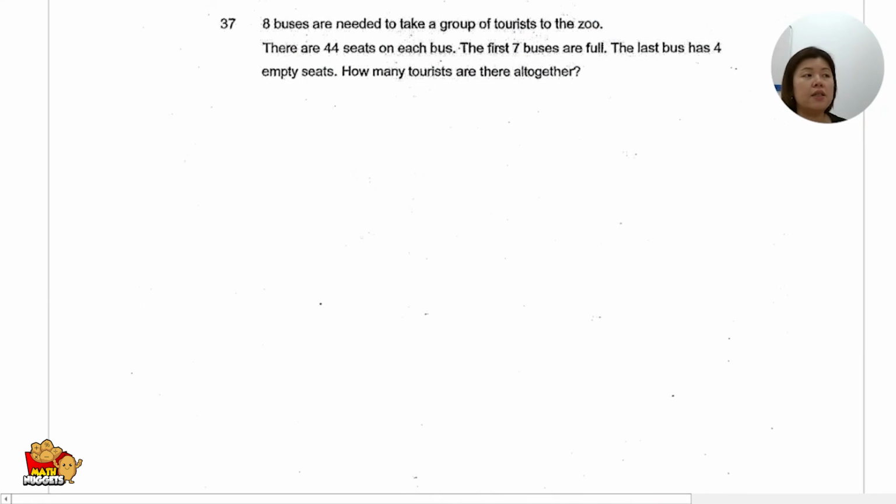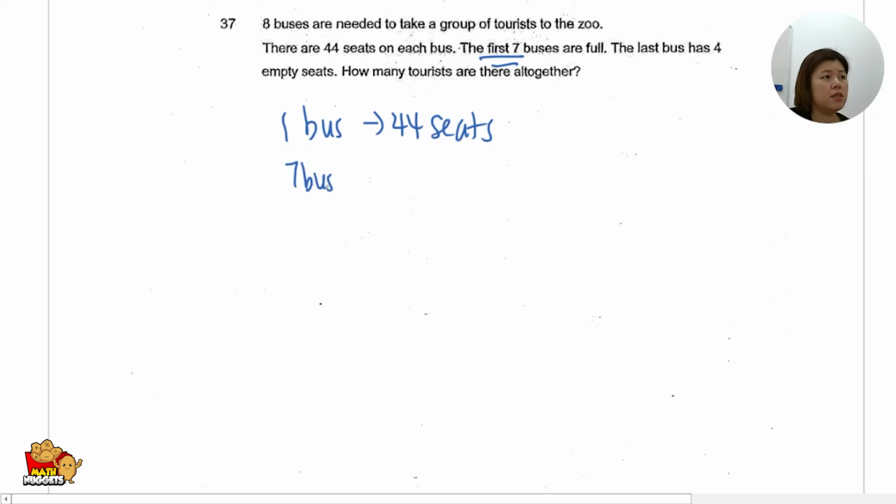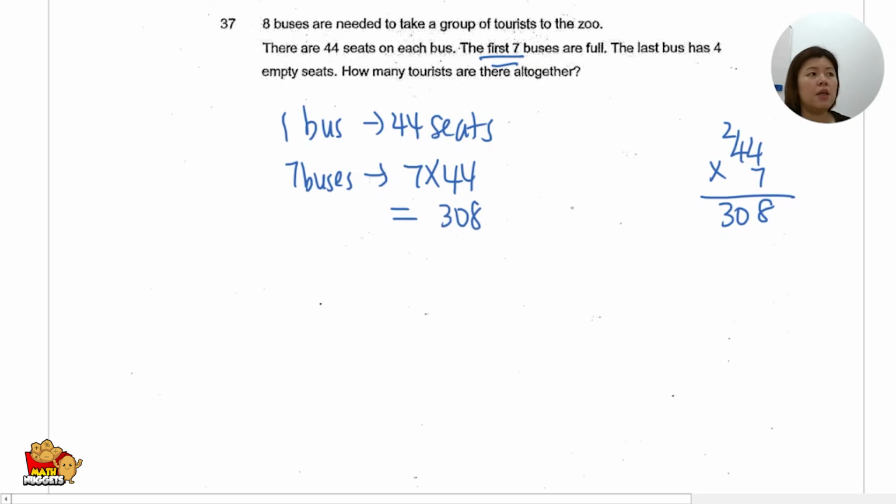8 buses are needed to take a group of tourists to the zoo, and each bus has 44 seats. The first 7 buses are full. Okay, so one bus is 44 seats. They have first 7 buses. We can take 7 times 44, which is 308.